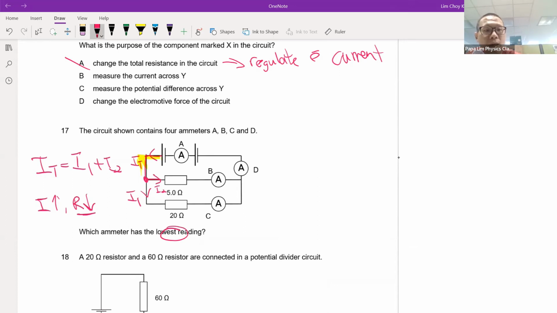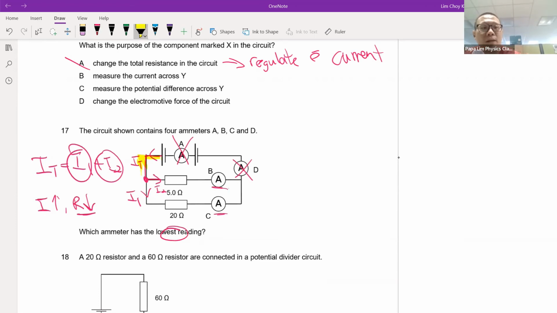So automatically I will know A is out, and D is out too, because they are measuring the same current, which is IT. So it's only left with I1 and I2. I1 is measured by ammeter C, and I2 is measured by ammeter B. So which will be higher?